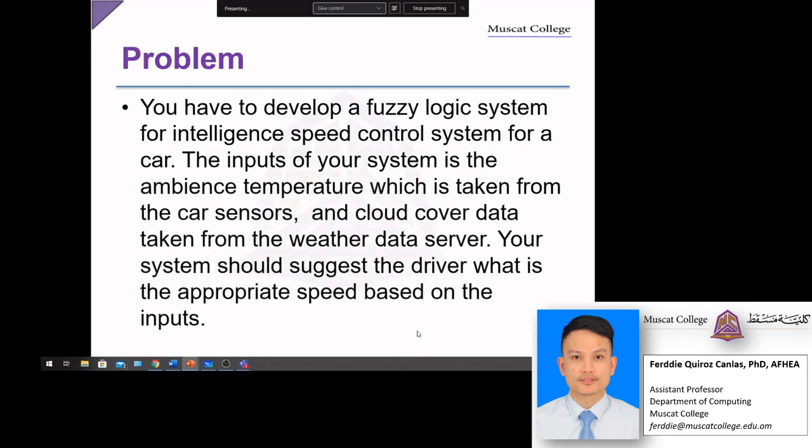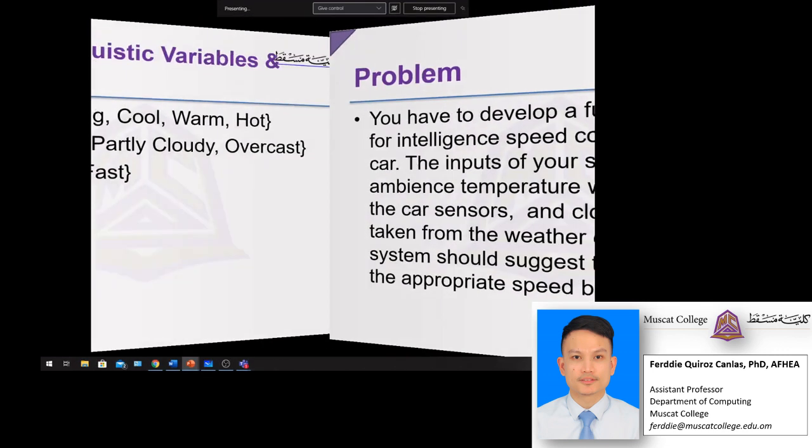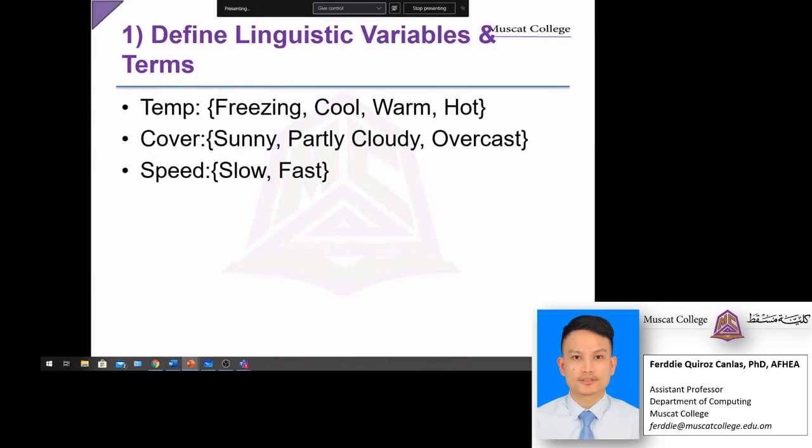So let's proceed with the given facts here. Step 1, we're going to define the linguistic variables and terms. Under temperature, we have these variables, as I've told you earlier: freezing, cool, warm, and hot.